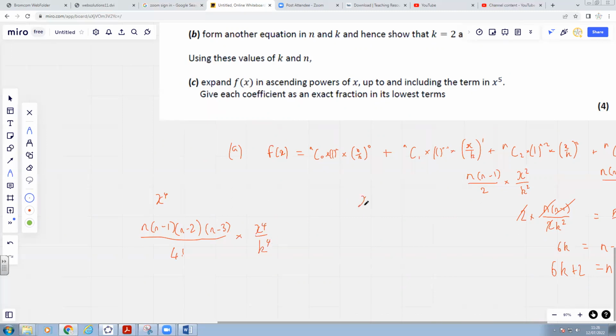But for x to the 5, you're going to have an even longer expression, n minus 1, n minus 2, n minus 3, n minus 4, all over 5 factorial multiplied by x to the 5 over k to the 5. Brilliant. We can now ignore the x's because we're only interested in the coefficients. And as they're equal, we can equate them.